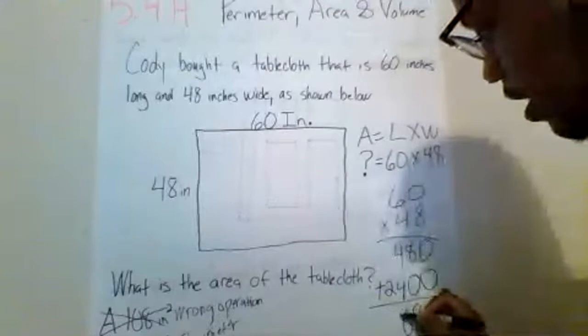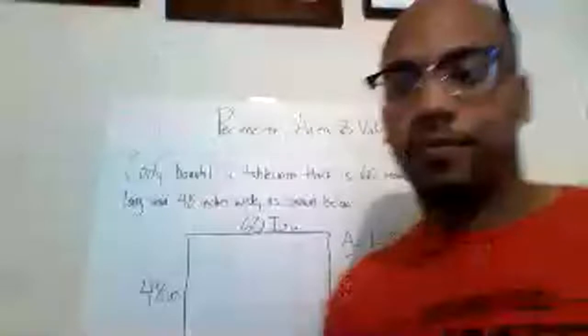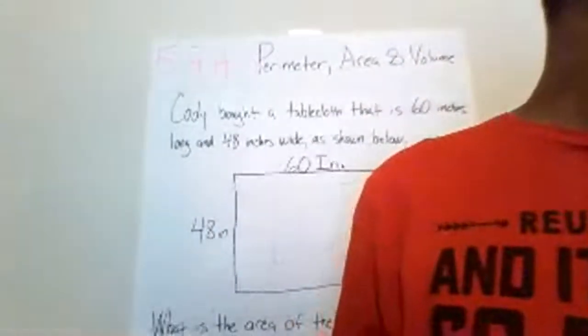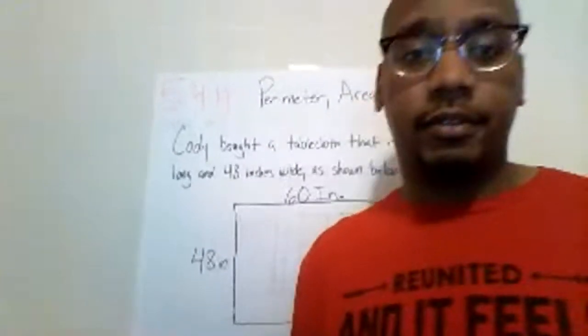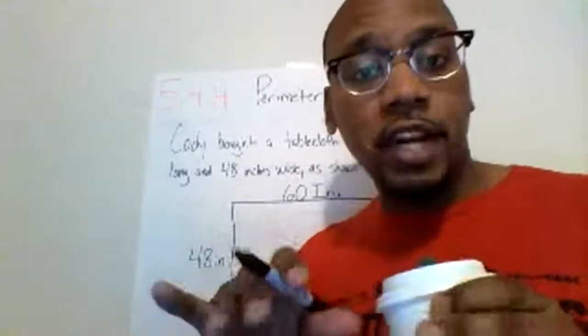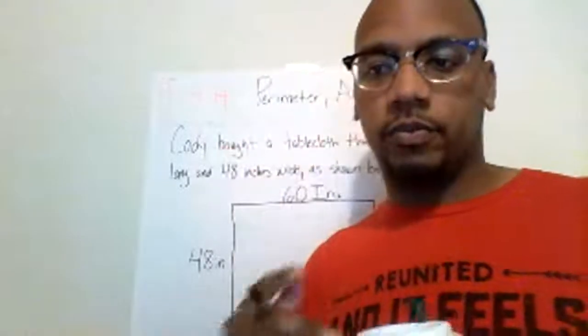And that's 2. All right, 2,880. Any questions about this particular one? This is number 2 on page 90. If you have any questions about this one, type in the question, or you can put a circle with a line through it.